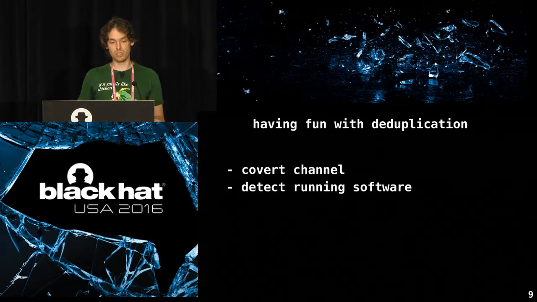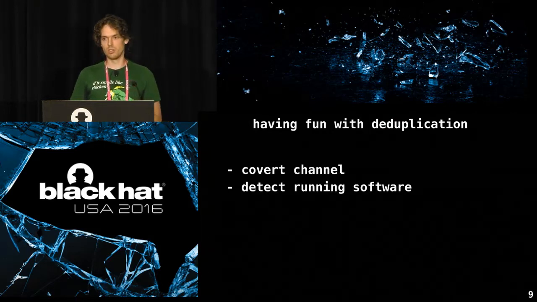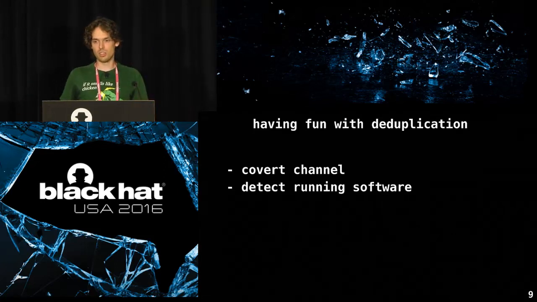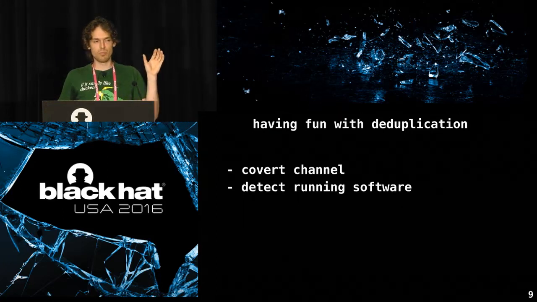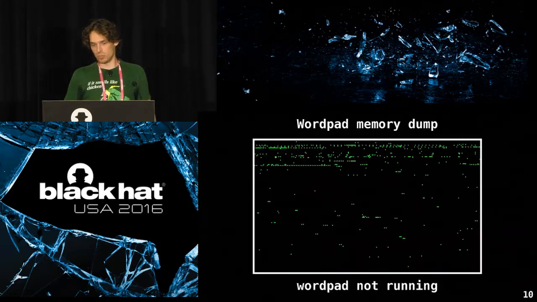When we first started this, we thought, maybe we can find any executable you could get your hands on, pick some code pages from these executables, load them in your browser, and see which ones get deduplicated. It turns out to be a bit more difficult.